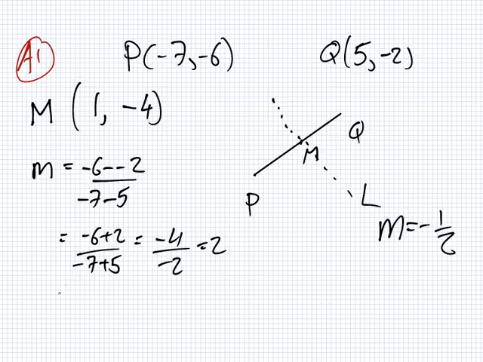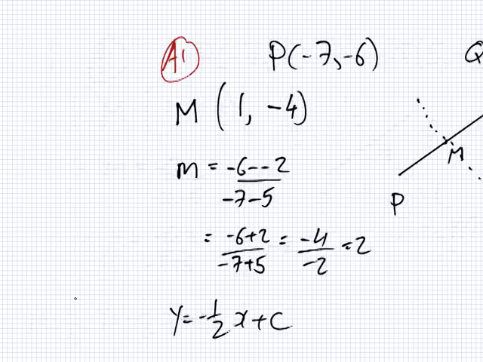So I have y equals mx plus c. At what point do I use? M, P, Q. Why is this minus a half? It's perpendicular. Remember, here, look.